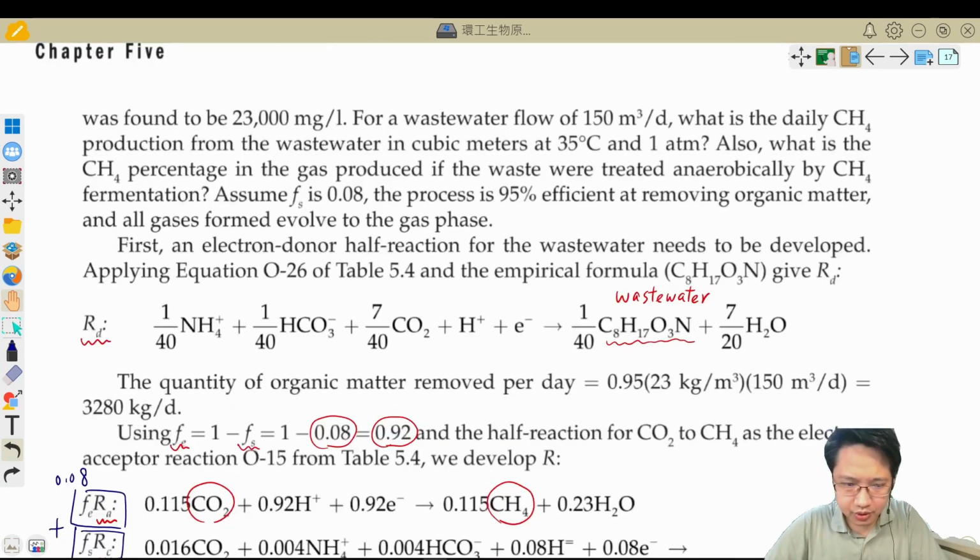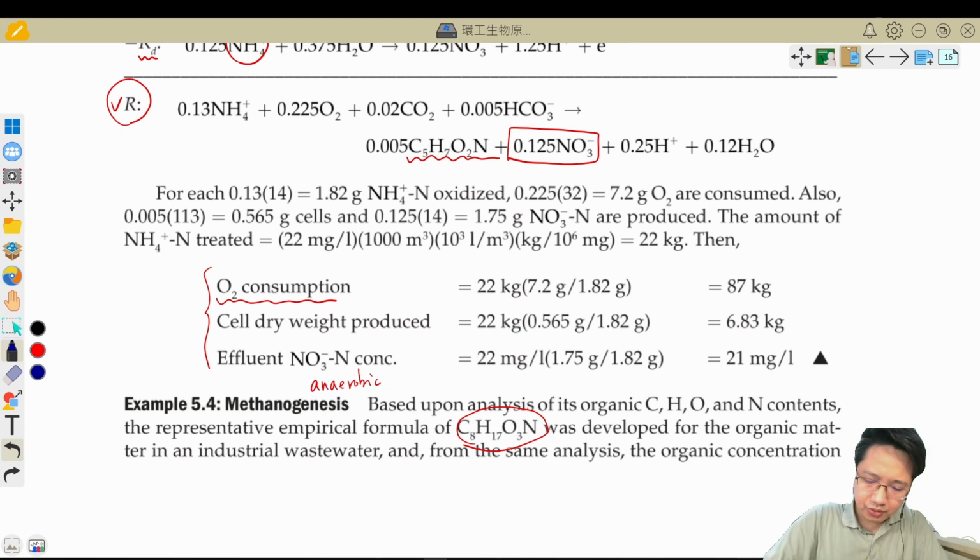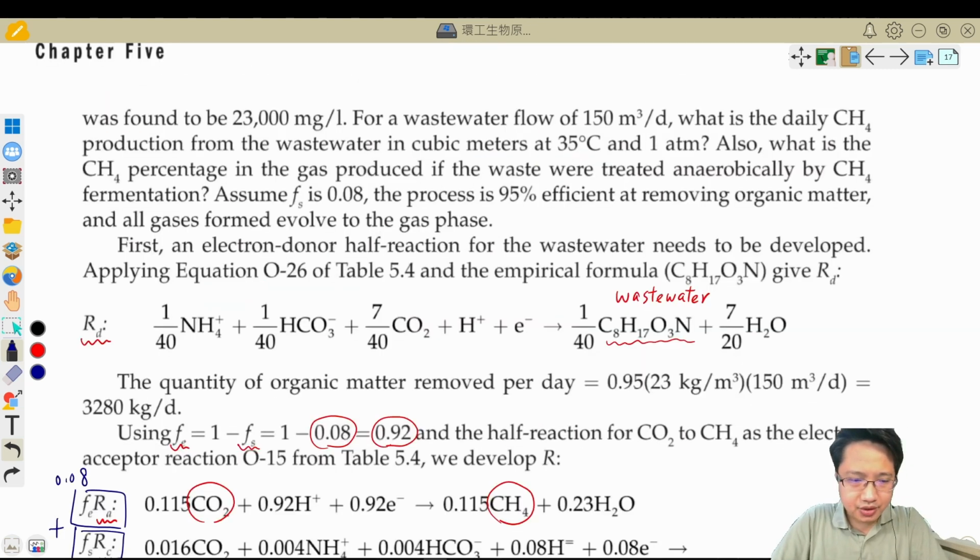If you combine the other conditions for the wastewater, for example, an organic concentration of 23,000 milligram per liter and a wastewater flow of 150 cubic meter per day, and the process has 95% efficiency to remove the organic matter, which means only 95% of the organics convert into bacterial cells and go into the overall reaction.